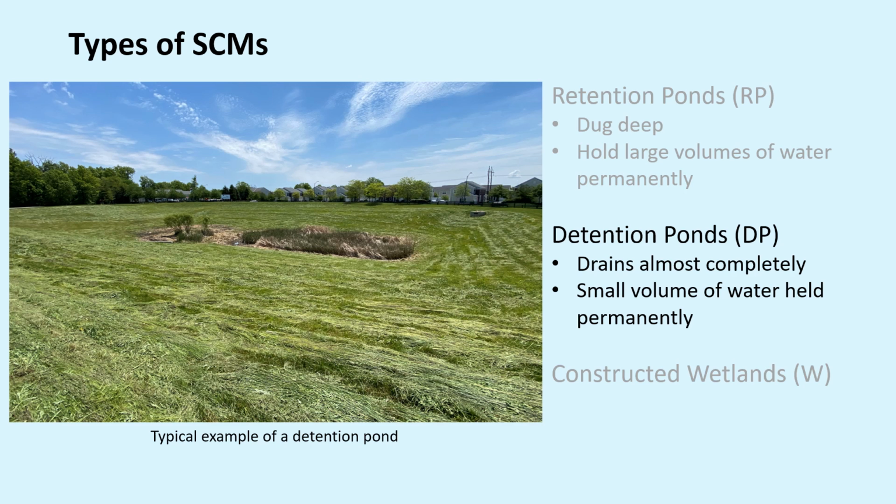I like this picture because it shows a good example of a detention pond. This whole area is actually a basin, and you can see the emergency overflow here. Again, this whole area can fill up with water when necessary, but it really just pools a little bit of water right at the bottom where the vegetation is.